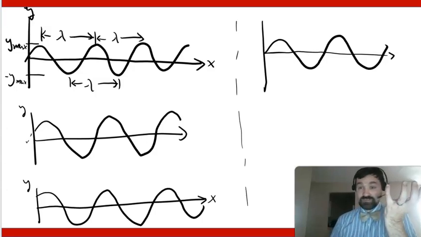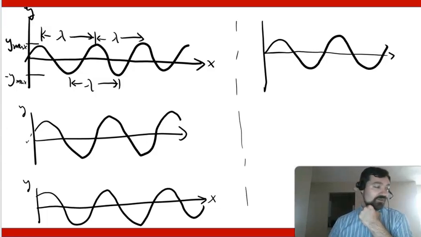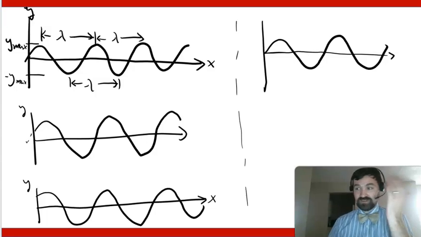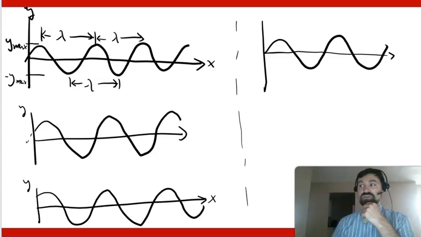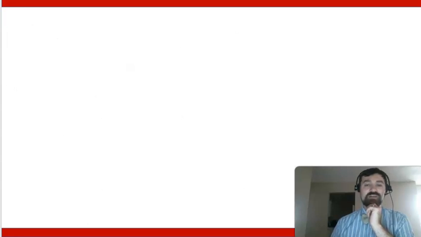It has the same definition as what a period had with simple harmonic oscillators: how long until the mass at the end of the spring, for example, returns to its initial position and condition. So if it was initially stretched out as much as you were going to stretch it, when do you get back to maximum stretch, and so on. Okay, so those are the basic parameters of this wave.